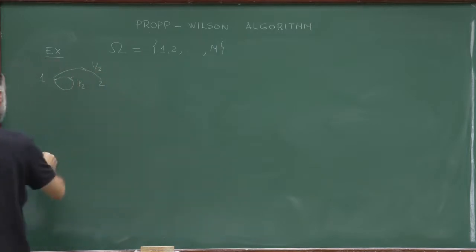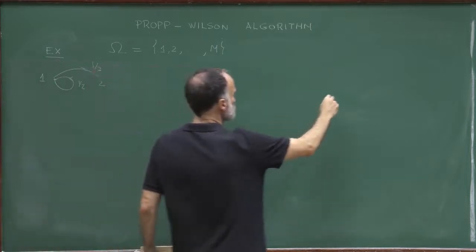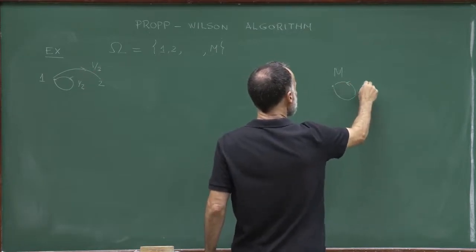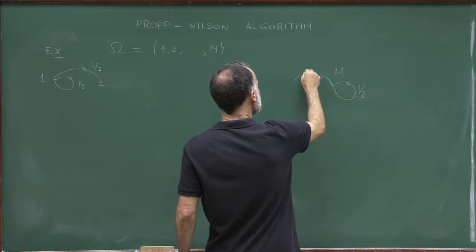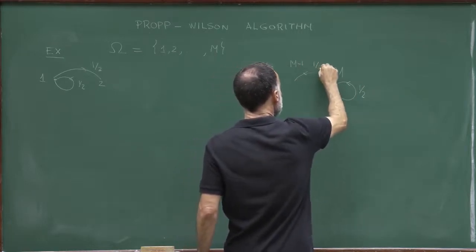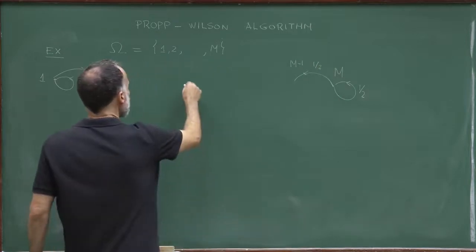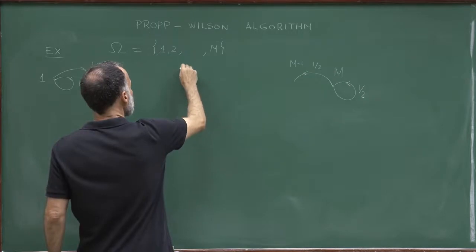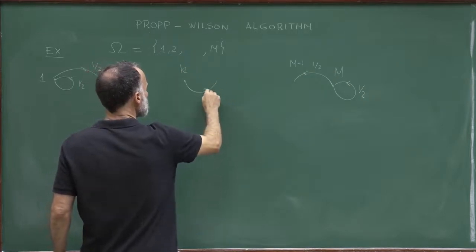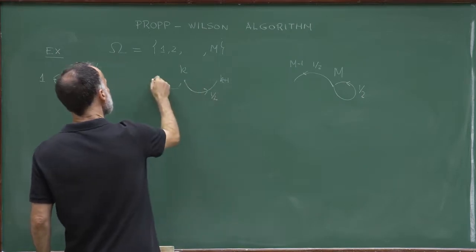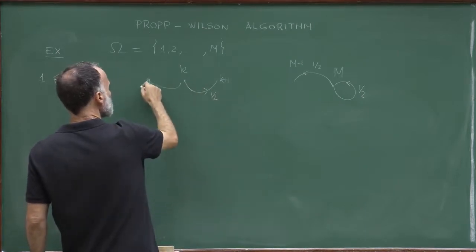If you are at m, you can jump to m with probability 1/2, and you can jump to m minus 1 with probability 1/2. And while you are at k, you can jump to k plus 1 with probability 1/2, and to k minus 1 with probability 1/2.